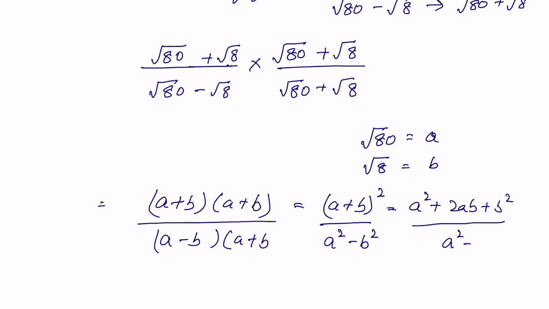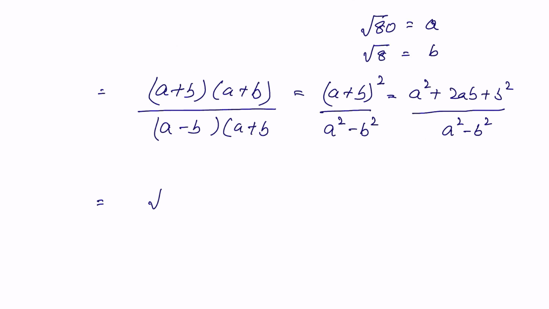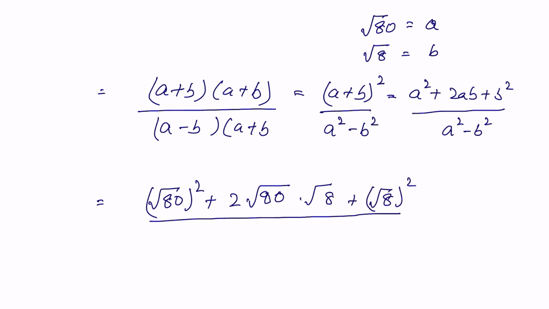So let's write it like this: square root of 80 square plus 2 times square root of 80 times square root of 8 plus square root of 8 square, upon square root of 80 square minus square root of 8 square.